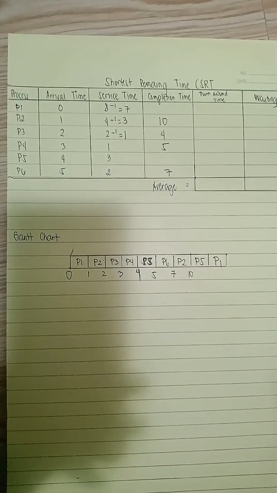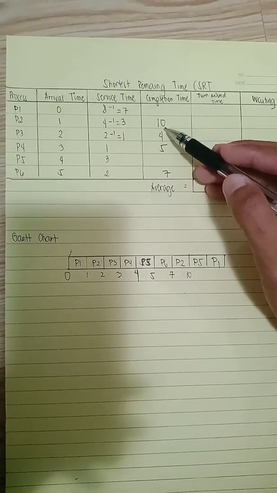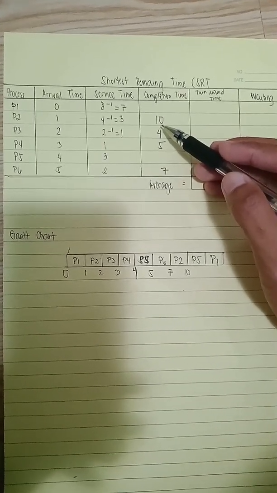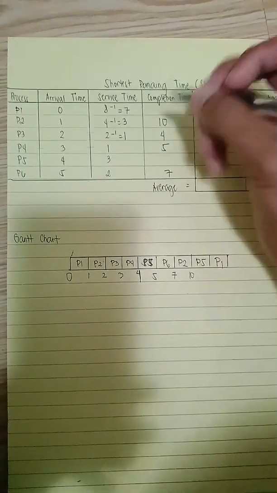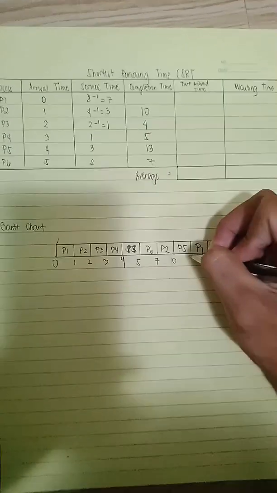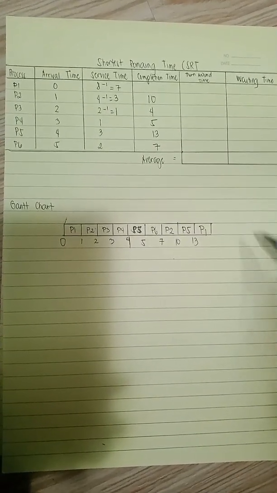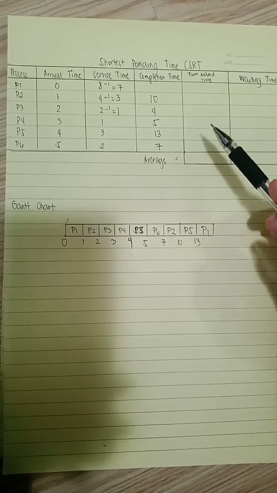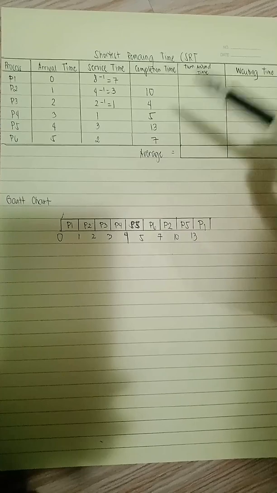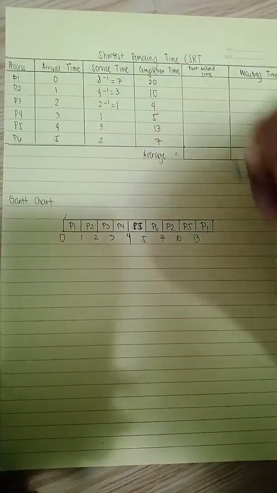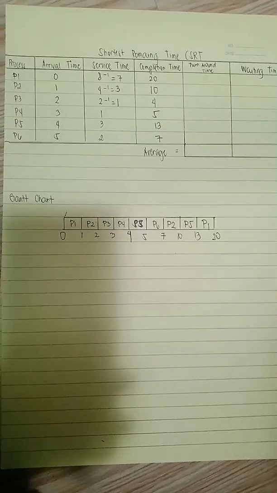Next, P5. The completion time of P2 is 10 and the service time of P5 is 3. Therefore, the completion time of P5 is 13. Lastly, 13 plus the service time of P1, which is 7, equals 20. This is the completion time of P1.